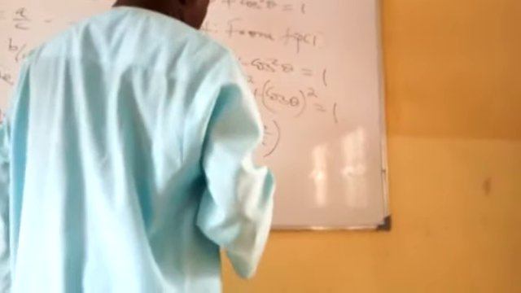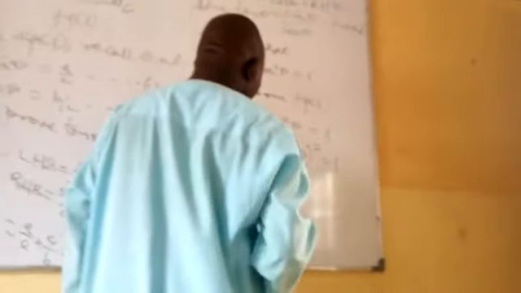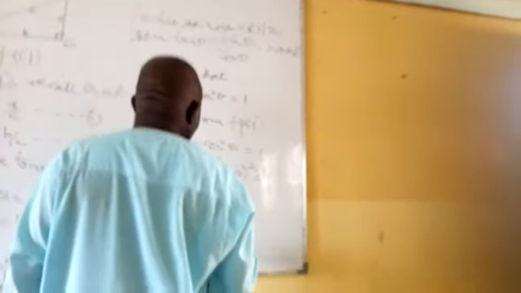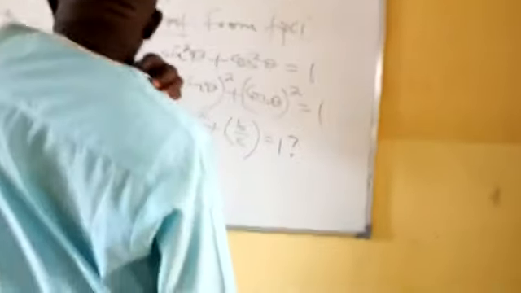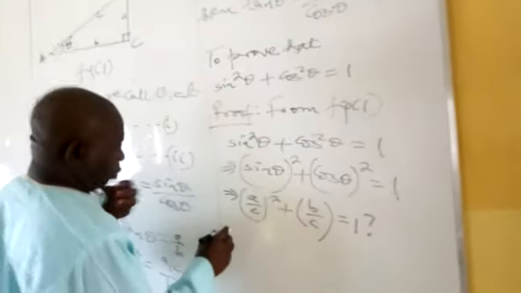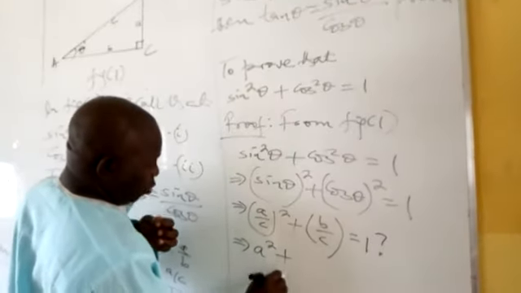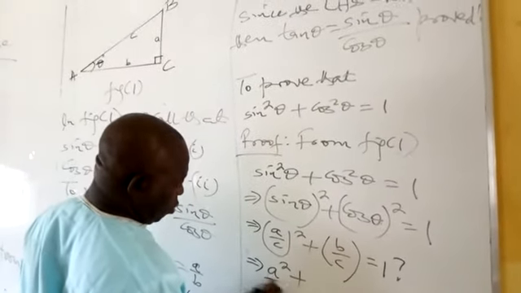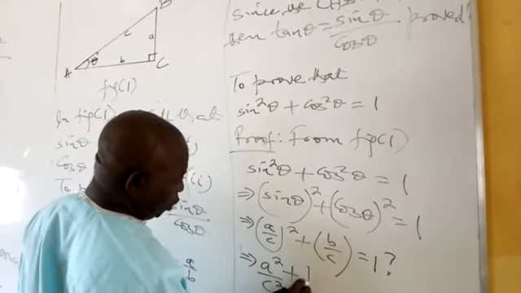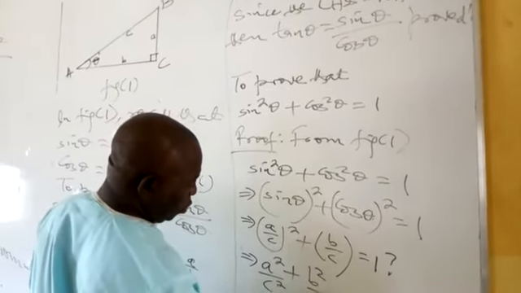Now, is it equal to 1? So that is going to be, what do I have here? Is it going to be equal to 1? So this means that A square over C square plus B square over C square is equal to 1.